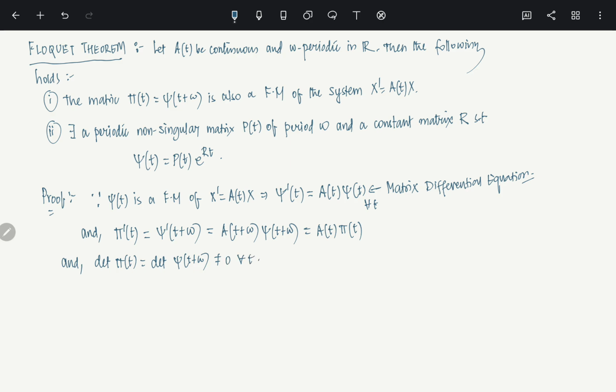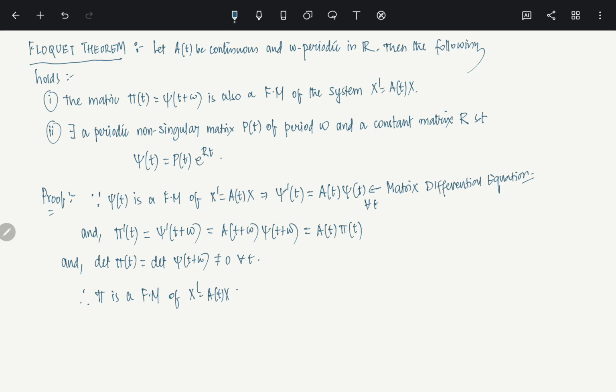It's a fundamental matrix, so it has to be non-zero. Clear? So what we have is therefore psi is a fundamental matrix of the homogeneous problem, x prime equals A(t) times x. I hope this is clear now.